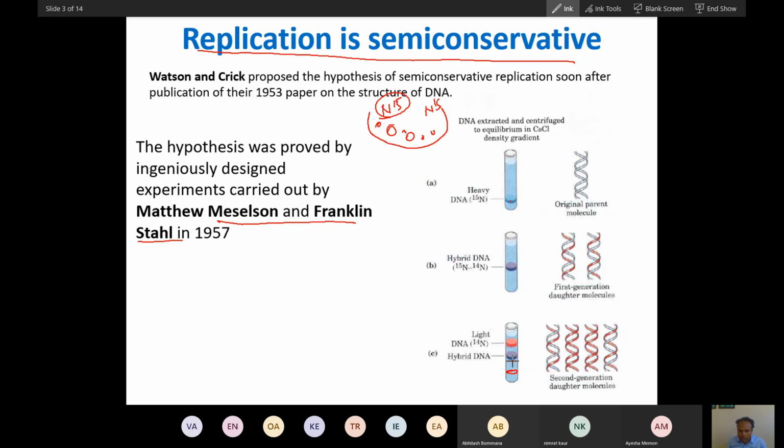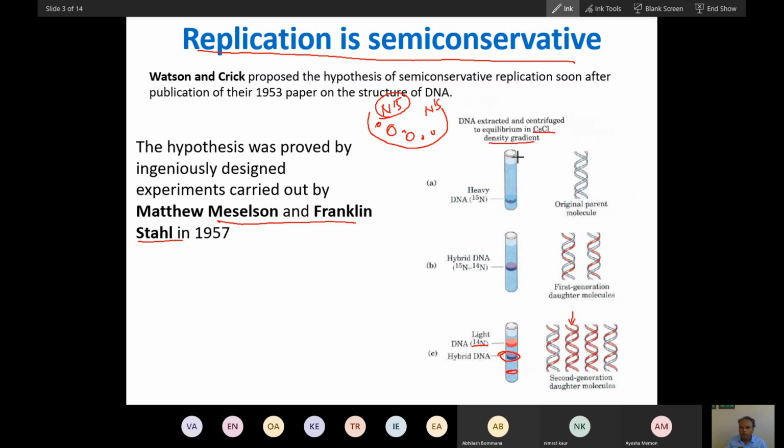The hybrid represents DNA containing both old and new strands, and after some cycles of DNA replication there will be pure N14 nitrogen. This will give a light DNA band when the centrifugation is done on a cesium gradient.